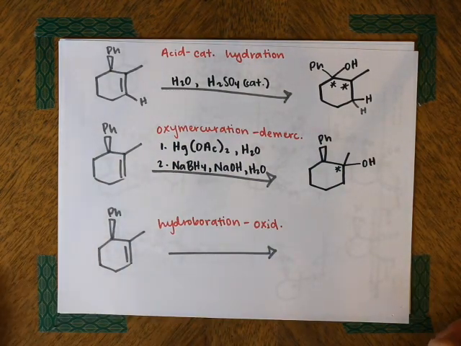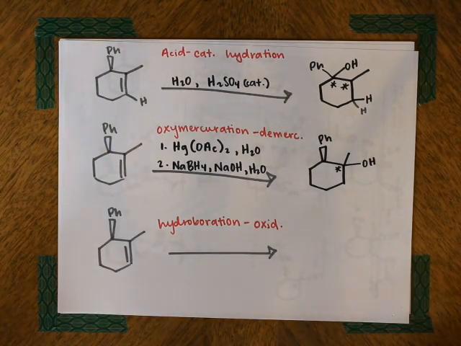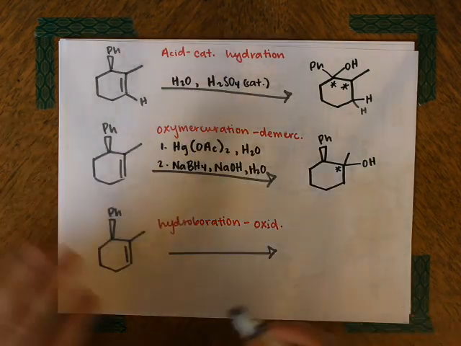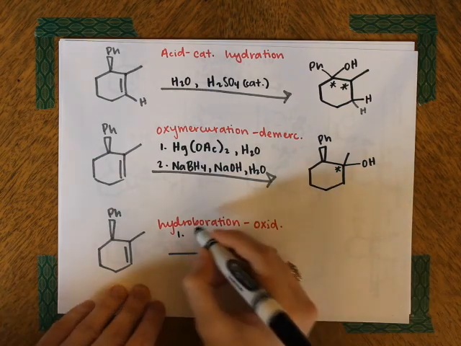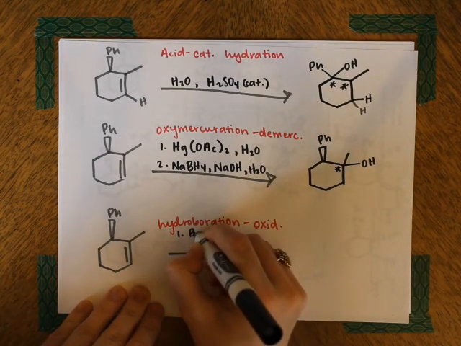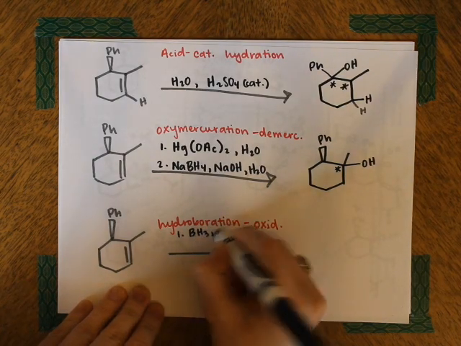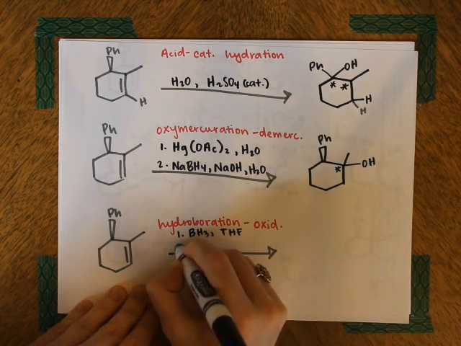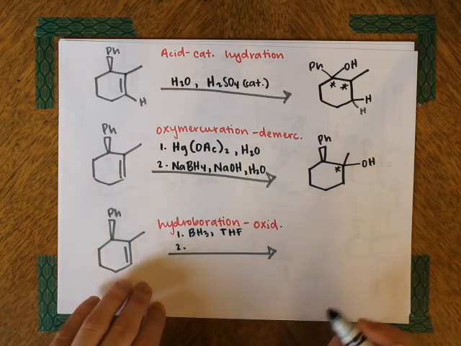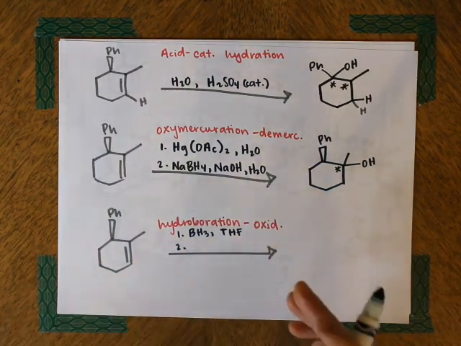Now the last one is hydroboration-oxidation. So hydroboration-oxidation is quite interesting, and it's a little bit weird. So the first step of hydroboration-oxidation, we're going to have BH3 with tetrahydrofuran, THF. And then step two, that's the hydroboration part.